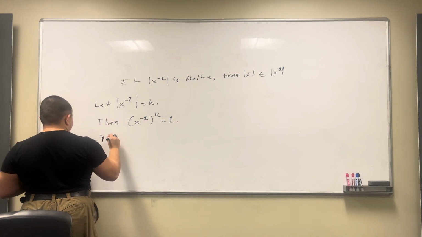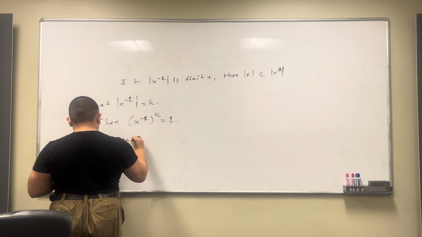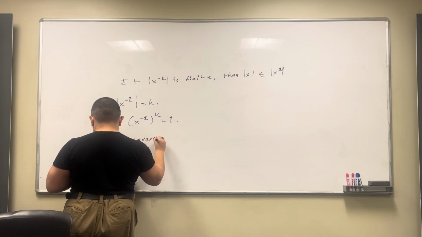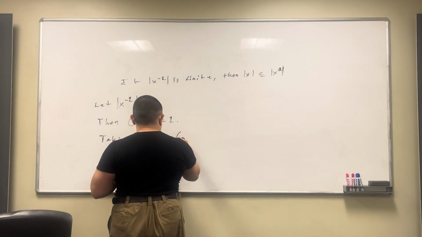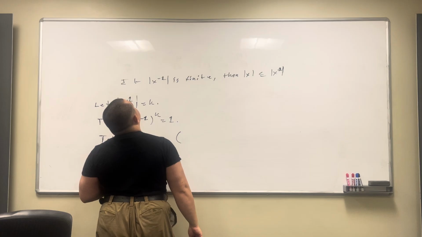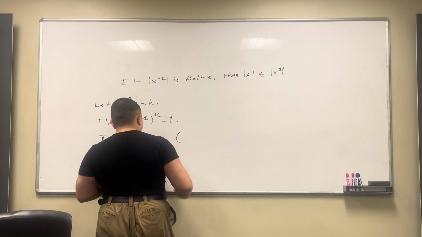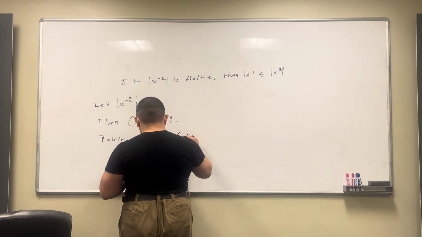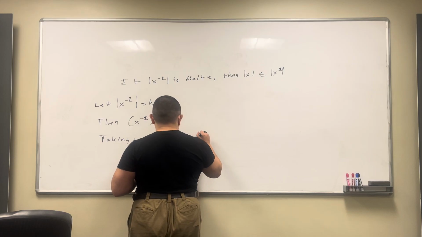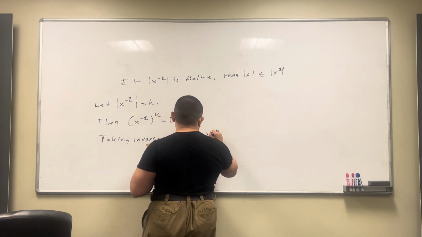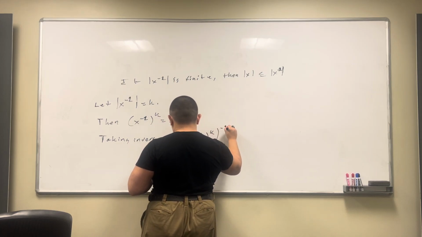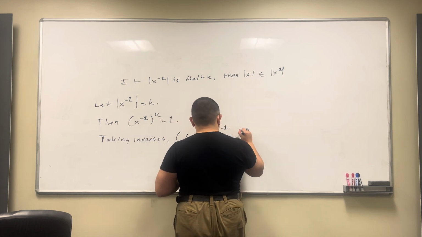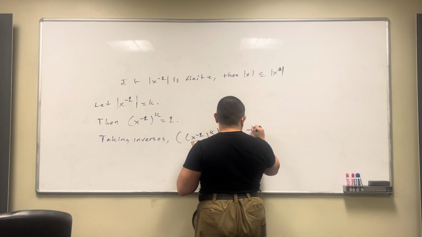Taking inverses, the inverse of x to the power of k, all to the negative 1, is equal to 1 to the negative 1.